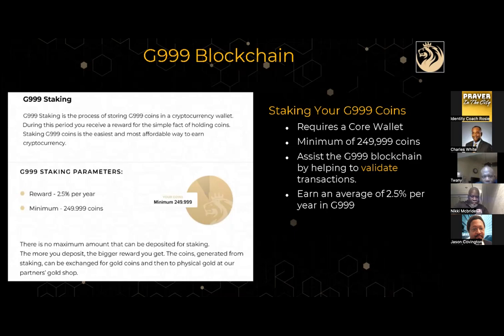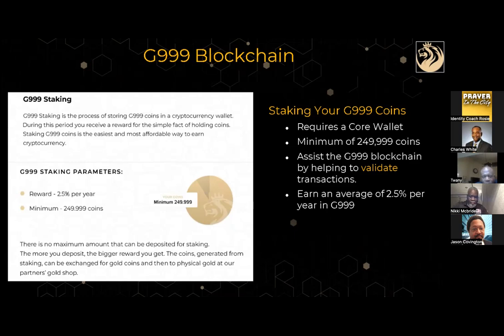You can assist in validating all those transactions like any staking wallet will do. But in addition to doing this and helping the network, you will earn an average of 2.5% per year in G999. So whatever you have in your staking wallet will grow by 2.5% in a year in general.